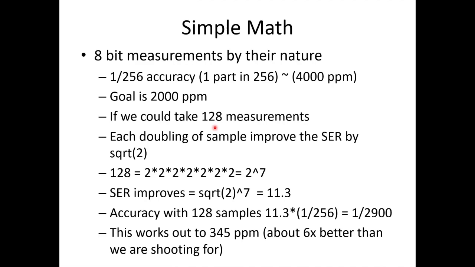One thing we know from doing measurements and metrology is that each doubling of the samples improves the signal-to-error ratio, sometimes called the signal-to-noise ratio, by the square root of 2. So 128 is nice because 128 is 2 to the 7th power.